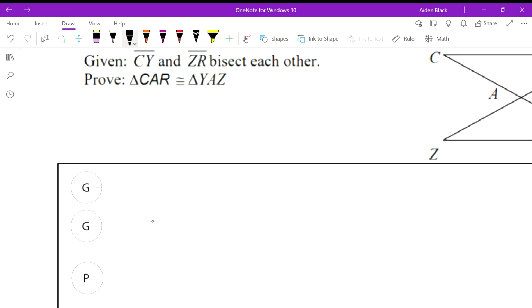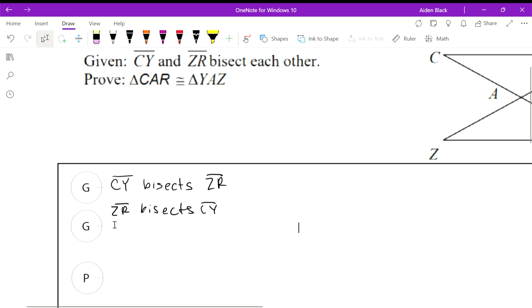We know that CY is a segment bisector of ZR, and also that ZR bisects CY. So that's 2 bits of information provided by one given.